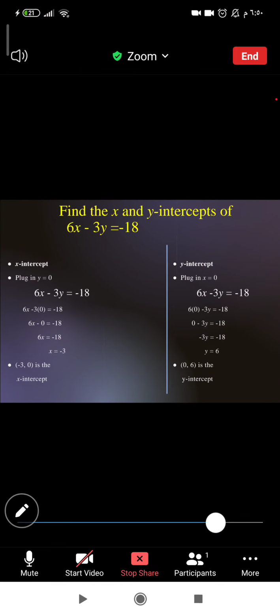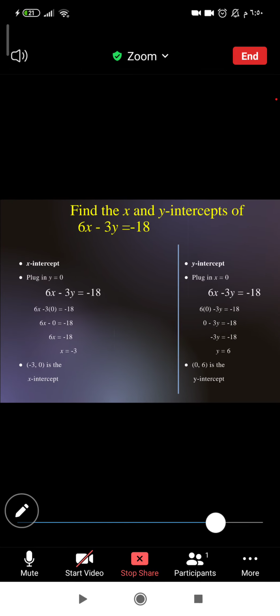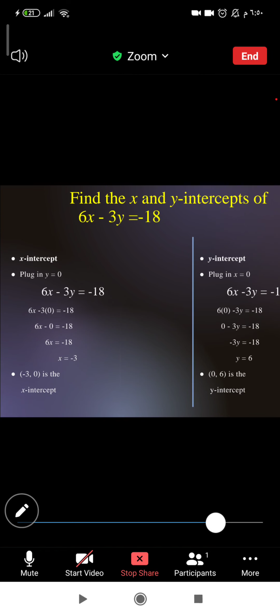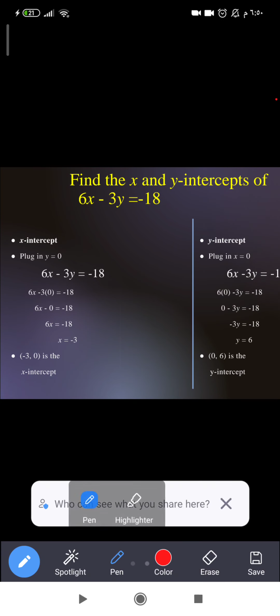Find the x and y-intercept of this equation: 6x minus 3y equals -18. Okay, let's see that. To find the x-intercept, always we plug in y equals 0. 6x minus 3 times 0 equals negative 18. 6x equals negative 18. x equals negative 3.